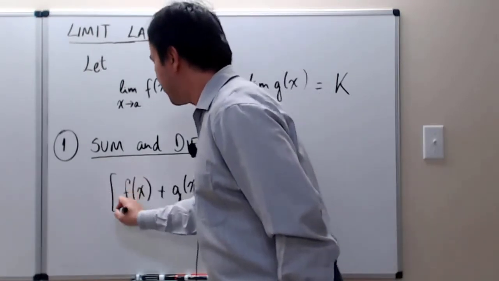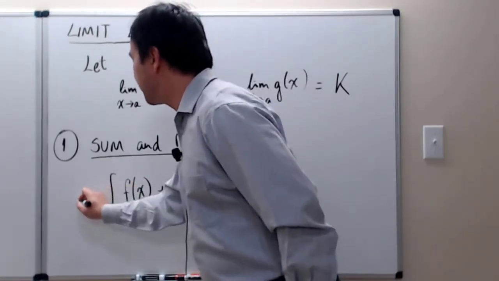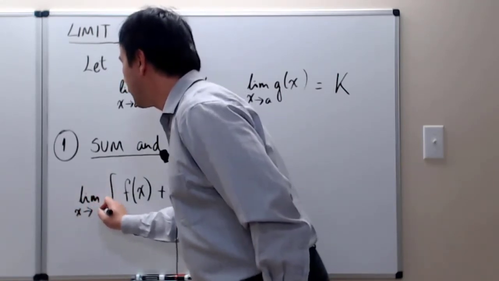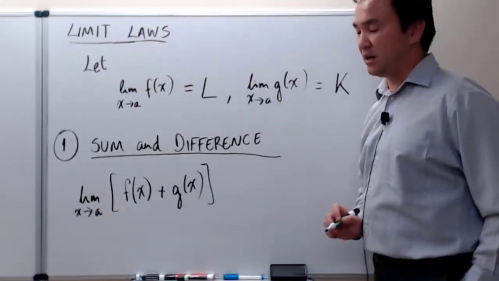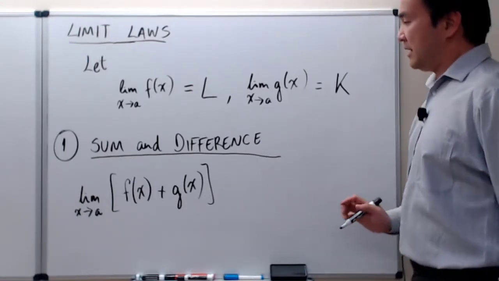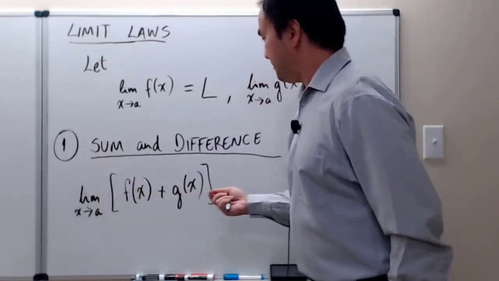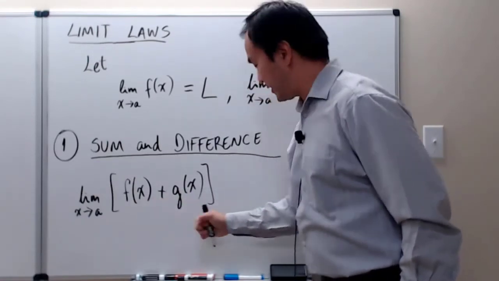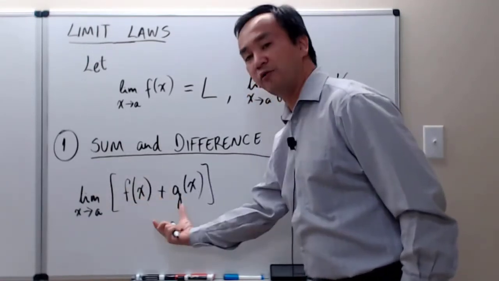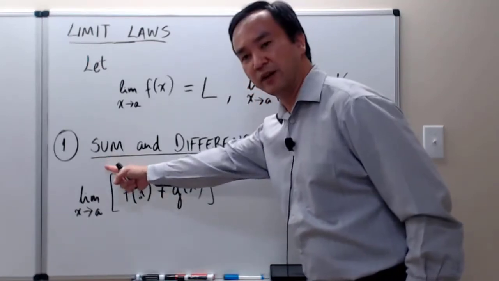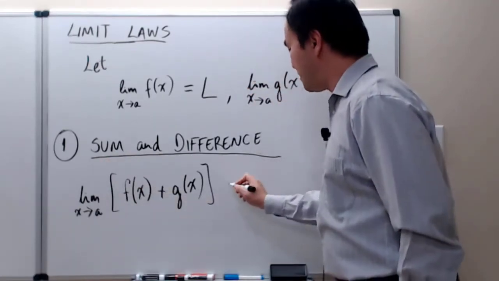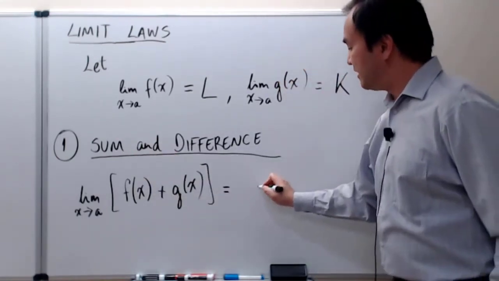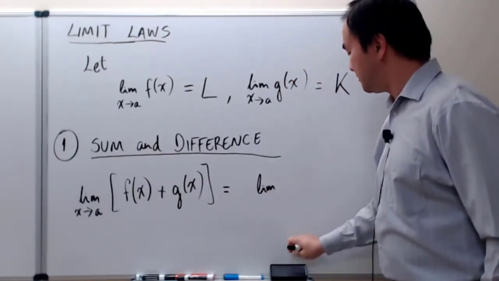And we are asked in our problem to find the limit as we allow x to get close to our given limit point a. Because it's a sum adding two separate functions, this law we're currently learning is referred to as the sum rule or the sum law. The sum law allows us to first find the individual limits.